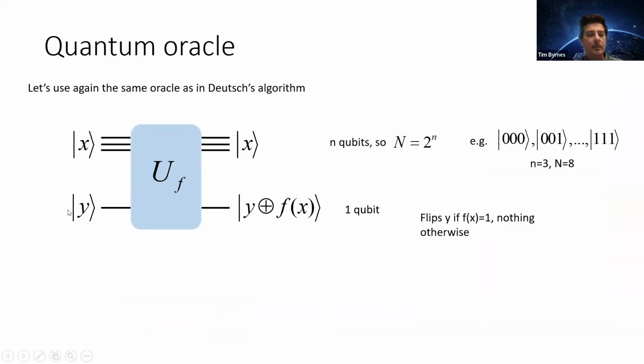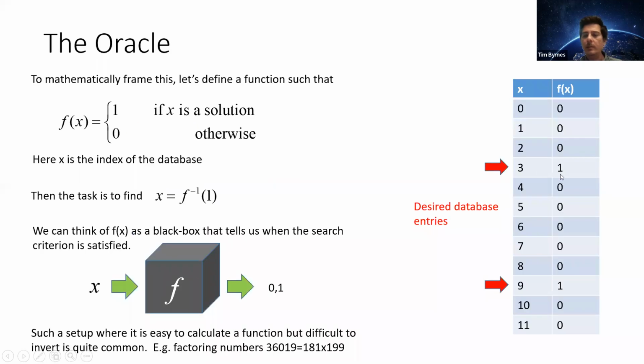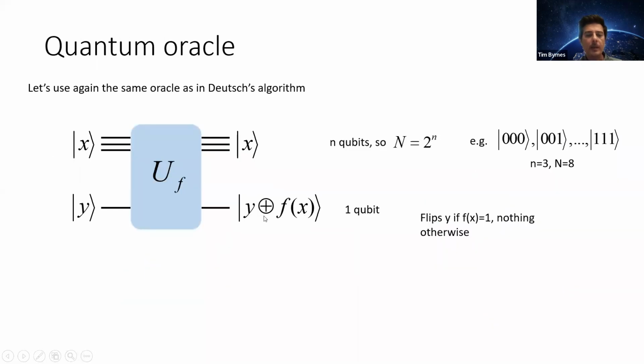Okay, and so basically what this is going to do is flip the output if f of x is 1, which is one of these solutions here. So it's going to be y plus 1 modulo 2. So if y was 1 and f of x is 1, this would become 0, and if y was 0, then y plus 1 would be 1.